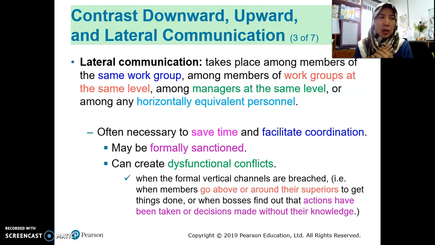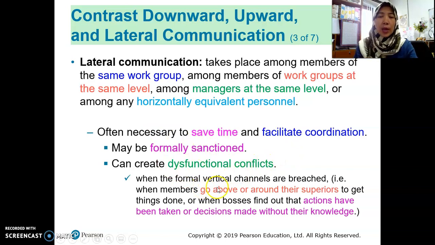Maybe they will not react to it. Downward communication is normally just orders from the superior to the employees, while upward communication is normally feedback from employees to their superior or supervisor. Lateral communication is same-line communication, so people engaged in this kind of communication will face some conflict or dysfunctional conflicts.